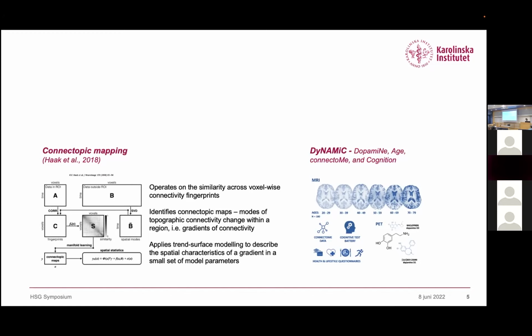And what we like about this method is that in a final step, there's an implementation of spatial statistics onto these gradients that try to model the spatial characteristics of each gradient for each participant, to describe each gradient in a smaller set of parameters. And then we can use that set of parameters for each individual, for each gradient, to look into individual differences in gradient characteristics.